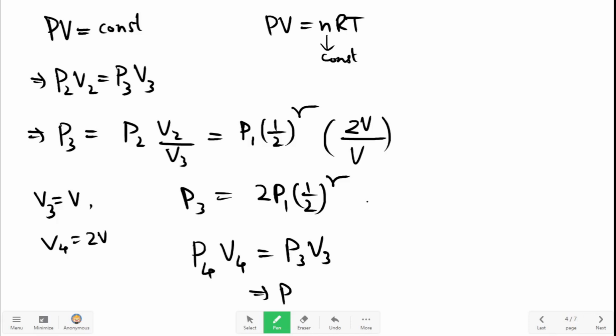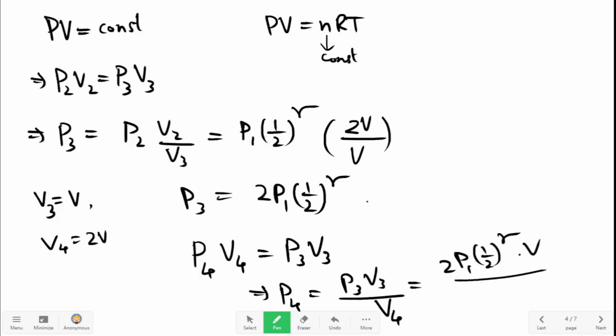This implies P4 is equal to P3 V3 divided by V4, which is 2P1 (1 by 2) raised to gamma, times V3 which is V, divided by V4 which is 2V. 2 cancels, V cancels. Therefore we have P4 is equal to P1 into (1 by 2) raised to gamma.